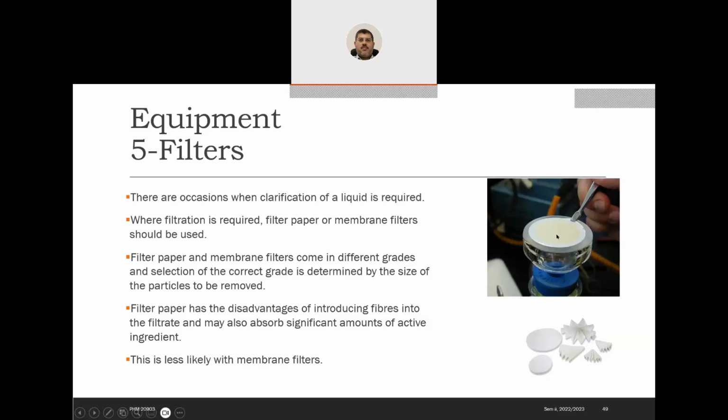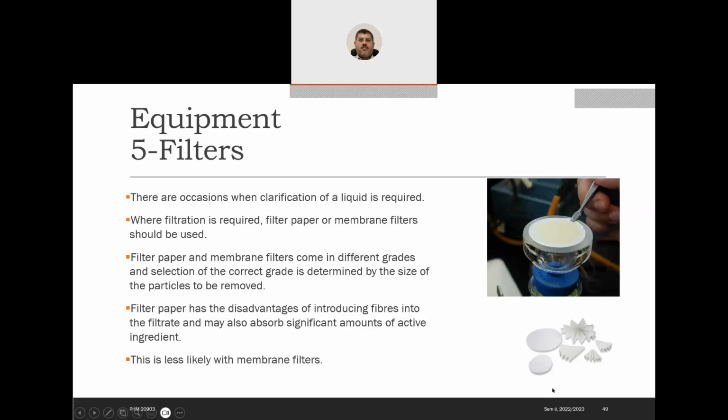Filters can be used also, like paper filters and membrane filters. The problem for paper filters is they come in different pore sizes, so you should use the pore size that is good for your powder. If your powder is fine, you need a smaller pore size. If your powder is coarse, you can use a larger pore size. In both situations, you can use a small pore size, but small pore size means slow filtration.